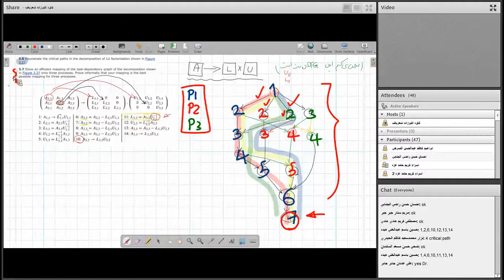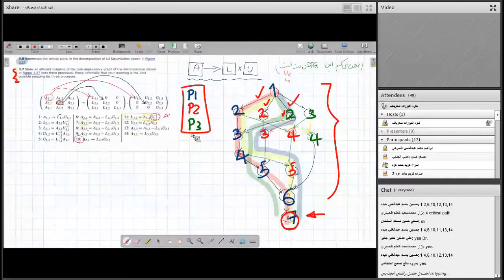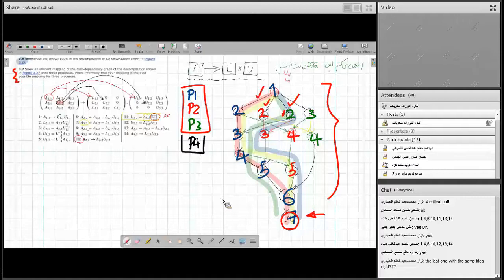This was the solution of the 3.7. Is the solution with a new process P4, new process P4, but the solution is the same as this solution because our critical path length is 7.